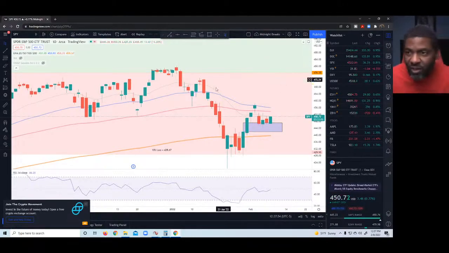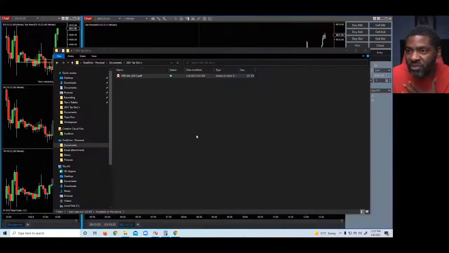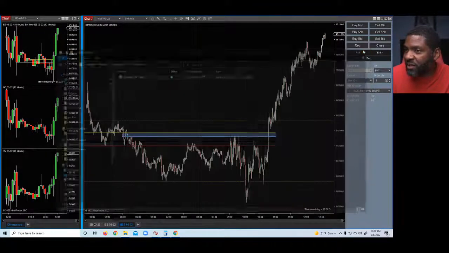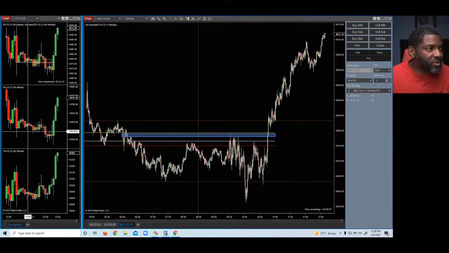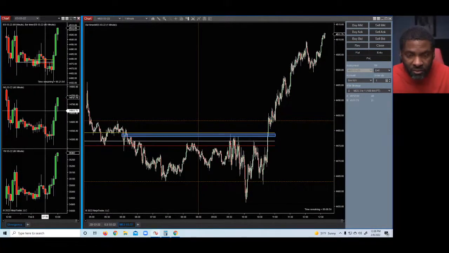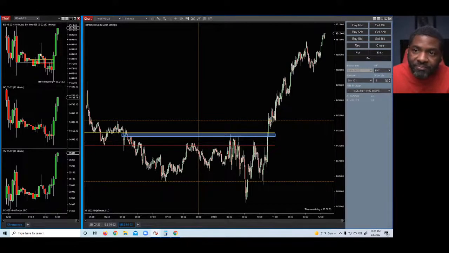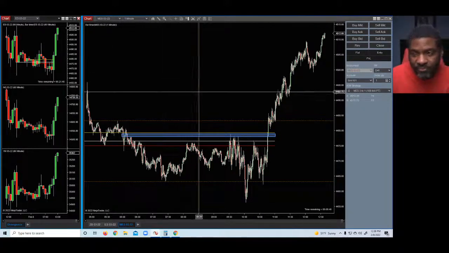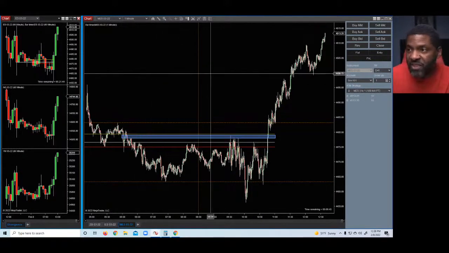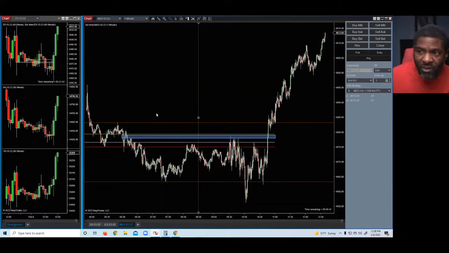The homie J Miles asked me how do I do the charts on the side over here. So my main window over in this area is my main trading window.